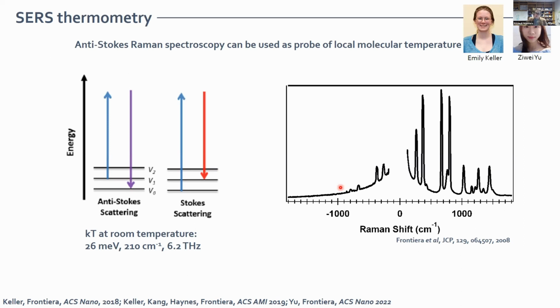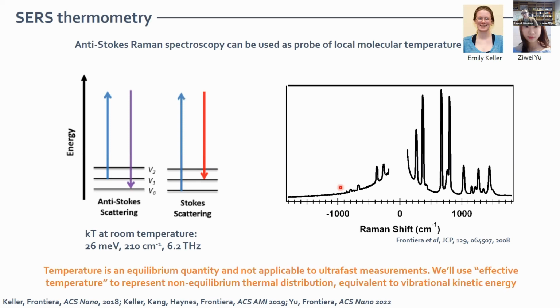And so if you look at the relative intensities of these peaks and apply a Boltzmann distribution, this is a non-invasive way where you can probe local molecular temperatures. So we're going to use this idea and integrate it into our ultrafast SIRS measurement. And one important comment to make is that temperature and applications of the Boltzmann distribution are for systems at equilibrium.